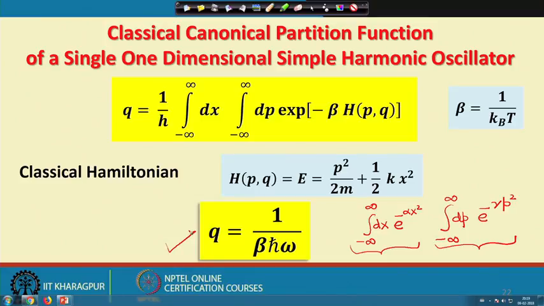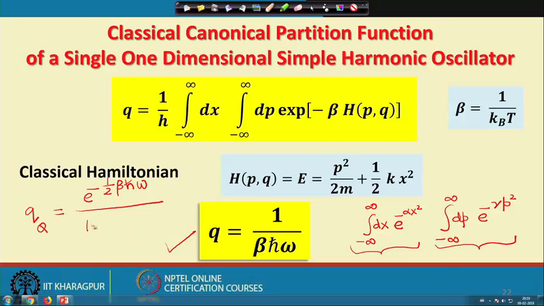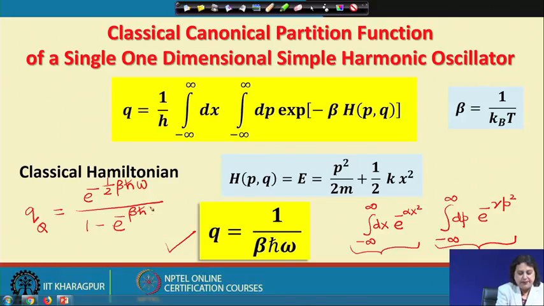But you already know what the expression for the quantum mechanical simple harmonic oscillator would be. That is going to be equal to e to the power of minus half beta h cross omega divided by 1 minus e to the power of minus beta h cross omega.